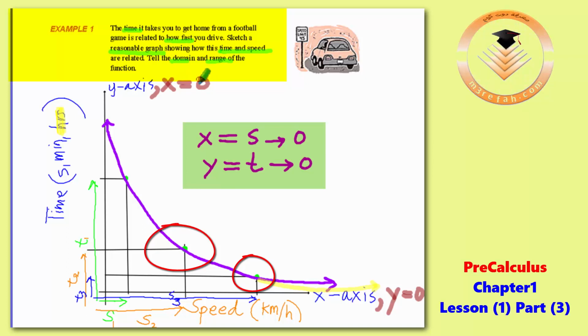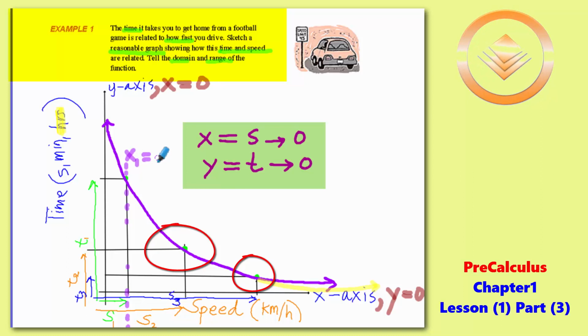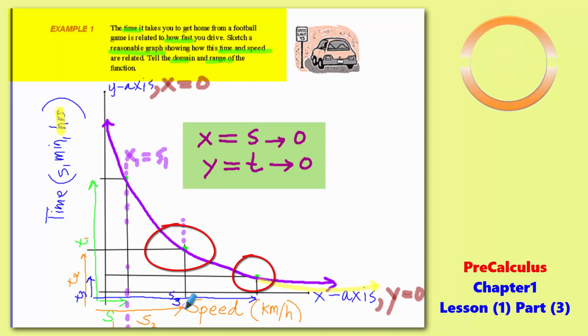Note, this is your x is equal to 1. I'm going to show you why. This is a certain point. This one is equal to x1, which is equal to s1. Okay, and so on and so forth. This is x2, is equal to S2.